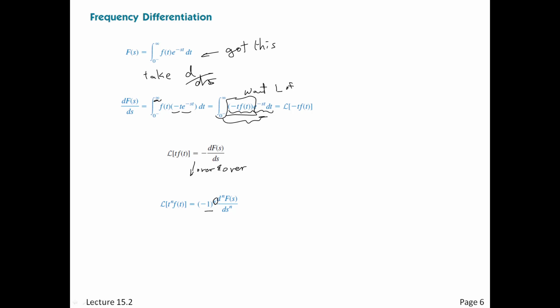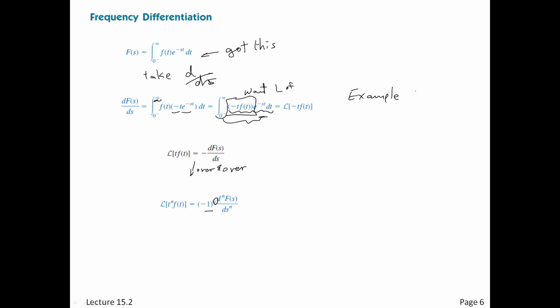Each time we take the differential, we multiply by minus 1, so it's either plus or minus depending upon the oddness or evenness of n.